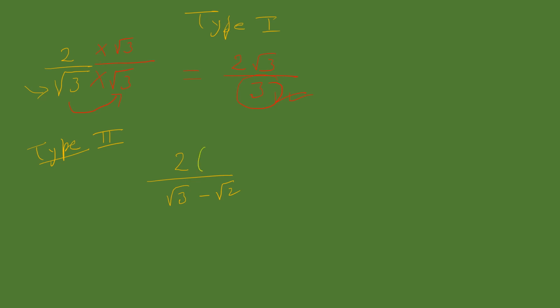So what is the conjugate? Conjugate means the factor in which the sign of the second number is changed. Only the sign of the second number will be changed. So this will be under root 3, and the sign of the second number is minus, so it becomes plus under root 2. The same number goes in the denominator also: under root 3 plus under root 2.